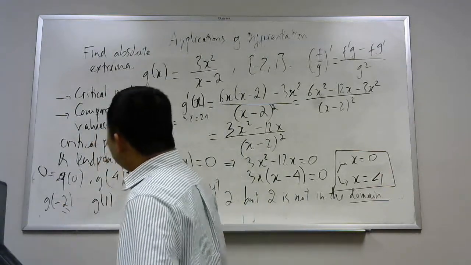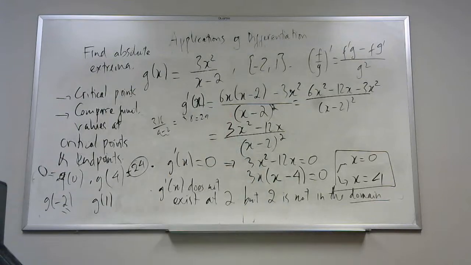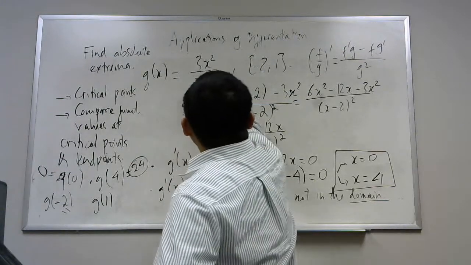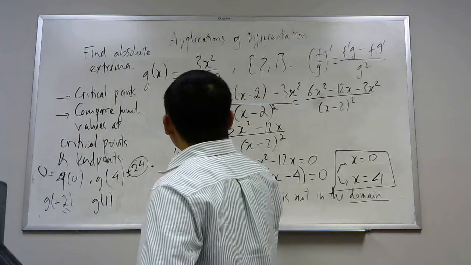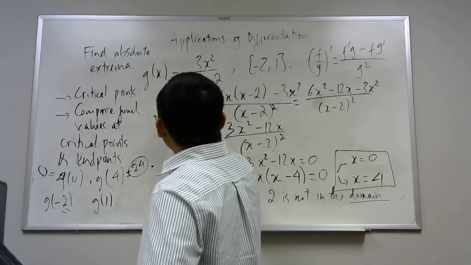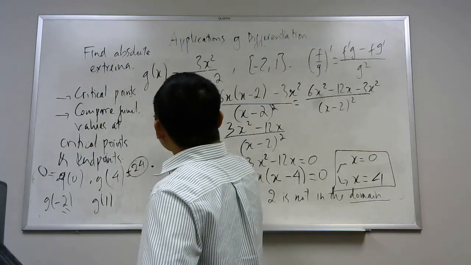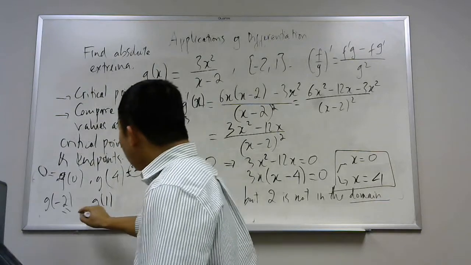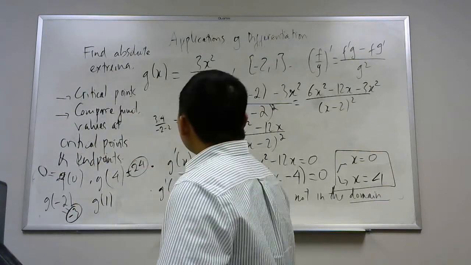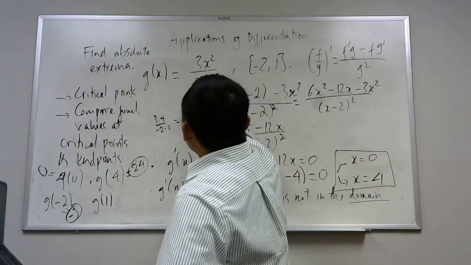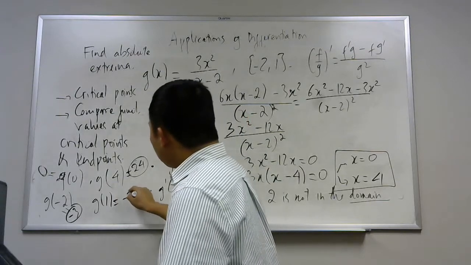G of negative 2: I plug negative 2 into this, I get 3 times 4 over negative 2 minus 2, that is negative 3. And then I plug 1 into this, 3 over negative 1 is negative 3.